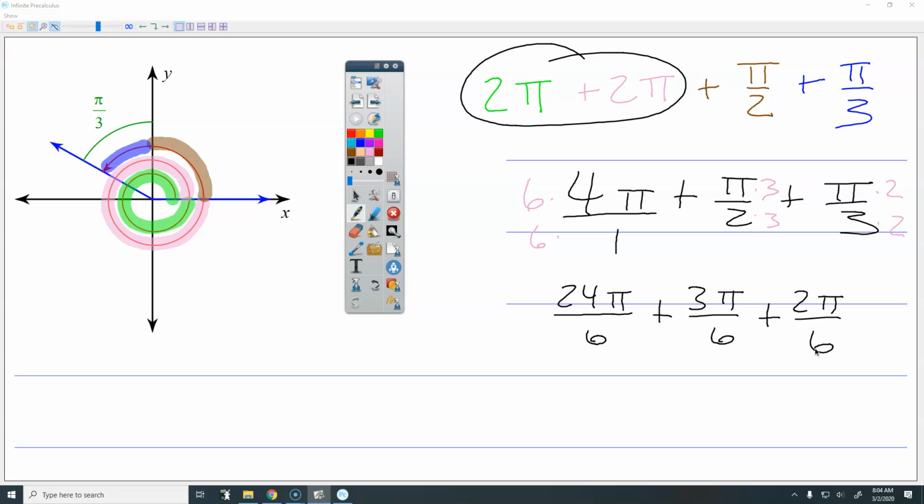And now we can just add all those numerators together. Combine what you can.